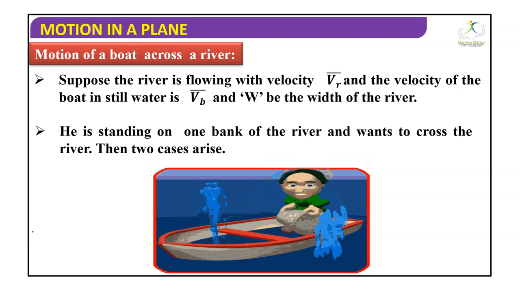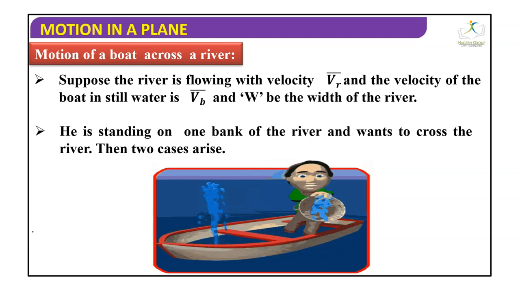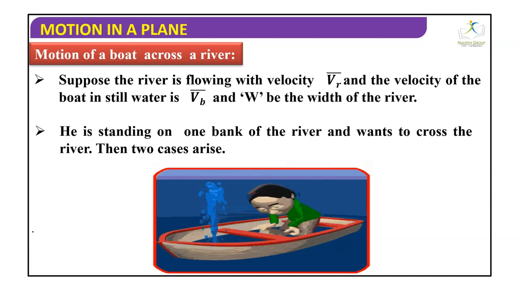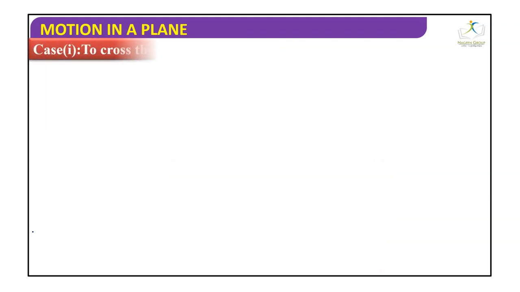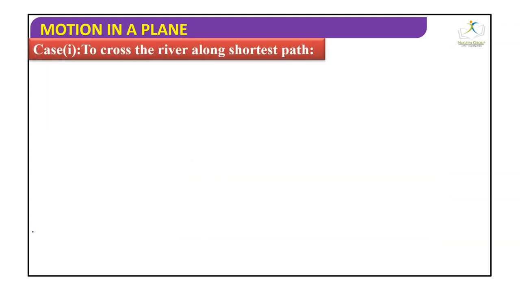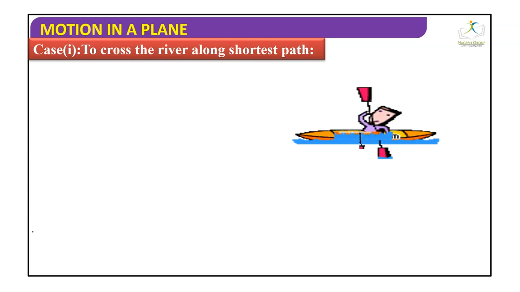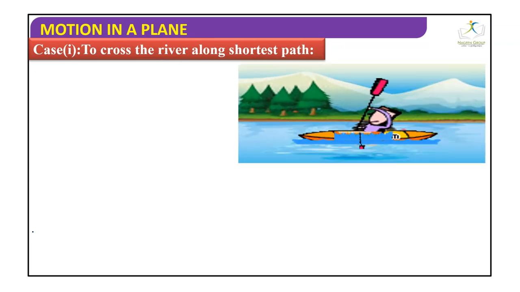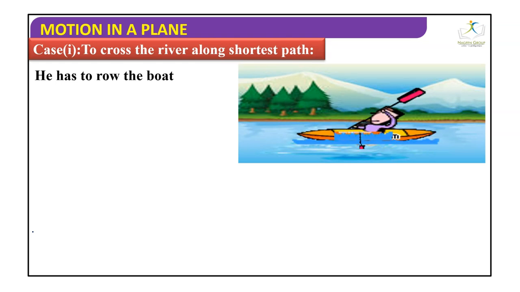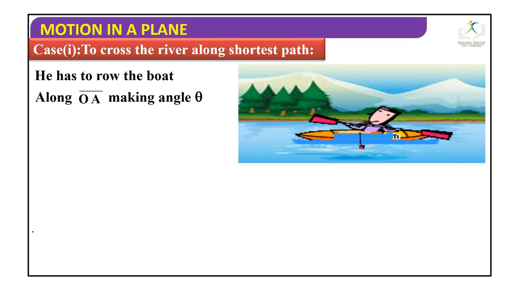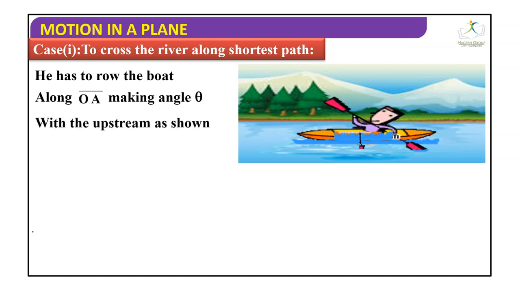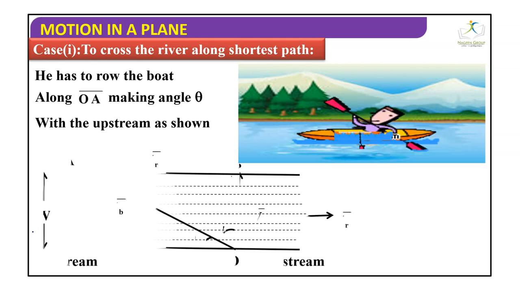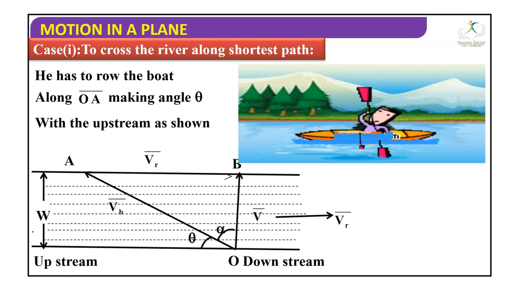The first case: cross the river along the shortest path. He has to row the boat along OA making an angle theta with the upstream, as shown.